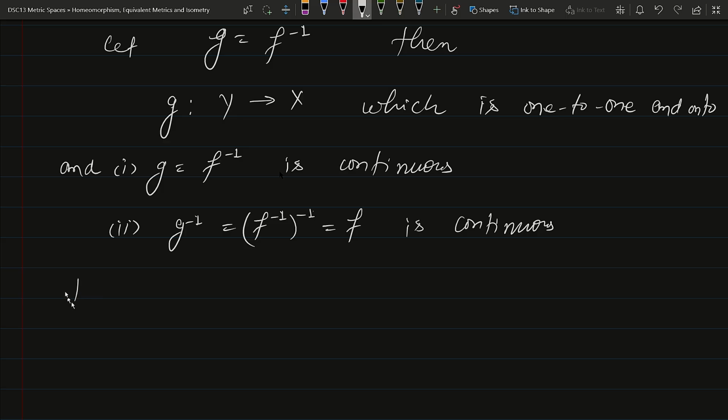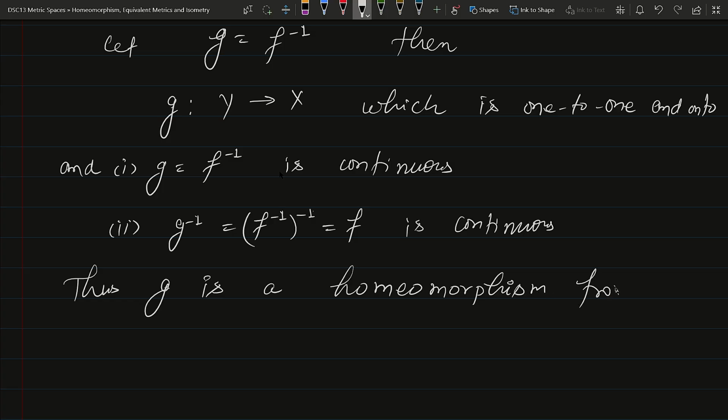Okay, so thus Z is a homeomorphism from Y to X, that is, Y is homeomorphic to X.